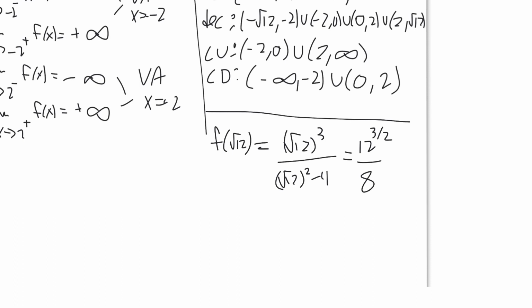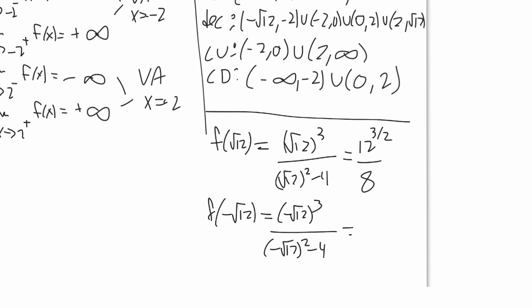Now we can't square root 12, unfortunately. If you cube it, you still can't square root it, so we're just going to leave that number as it is. We'll do f of negative root 12. So negative root 12 cubed over negative root 12 squared minus 4. The negative is going to square away in the bottom, giving you another 8.